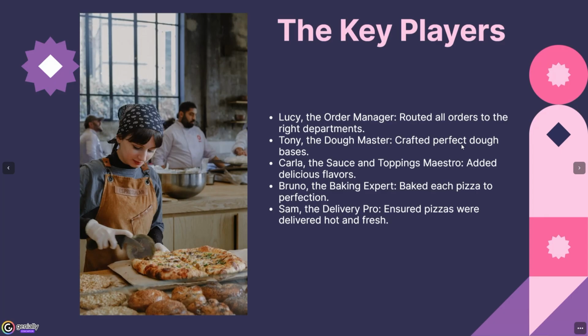Tony, the dough master, crafted perfect dough bases. Carla, the sauce and topping maestro, added delicious flavors. Bruno, the baking expert, baked each pizza to perfection. Sam, the delivery pro, ensured pizzas were delivered hot and fresh.